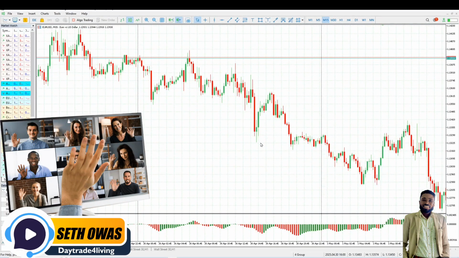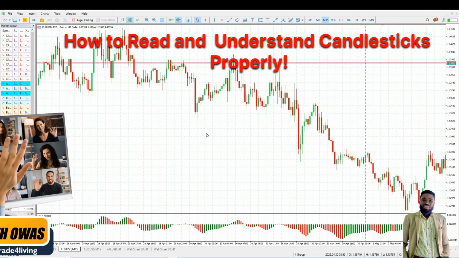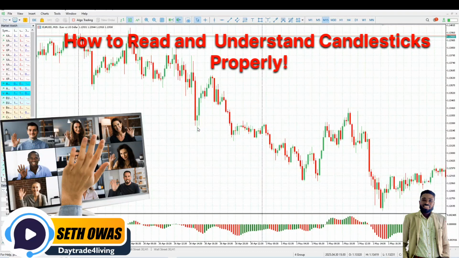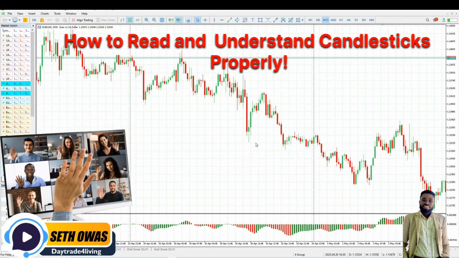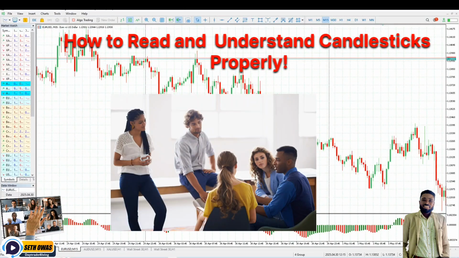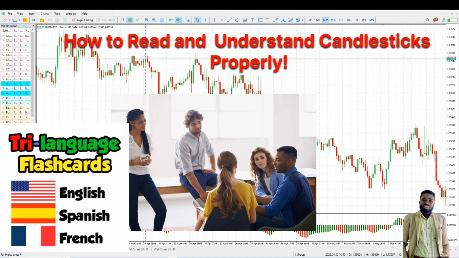Today, we are going to look at how you can read and understand candlesticks. As a trader, one of your most powerful techniques, the ability to read and understand candlesticks, can determine your success as a trader, because it's candlesticks that we use to communicate with the chart. In real human life, we communicate with languages, for instance English, French, Spanish, any kind of language.